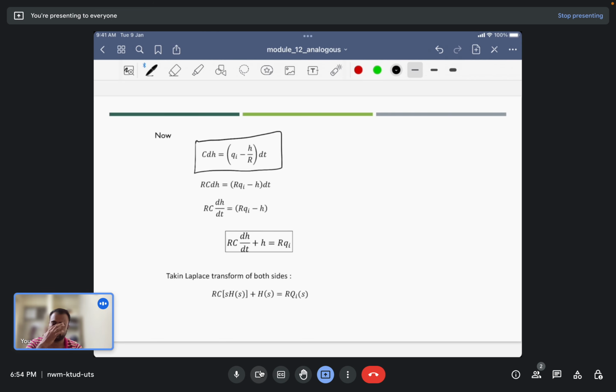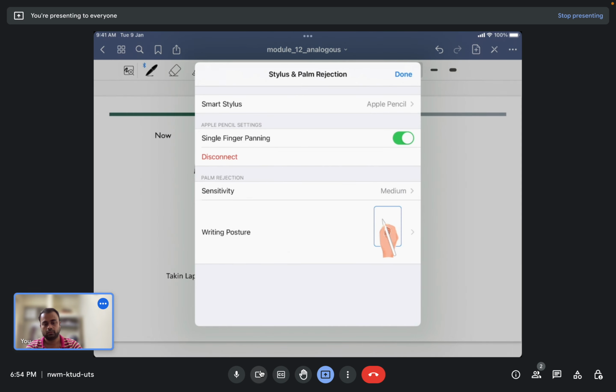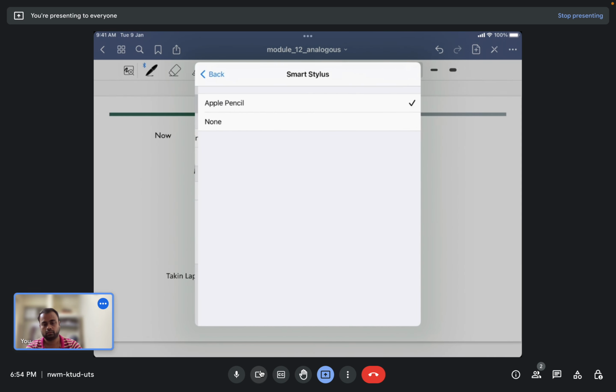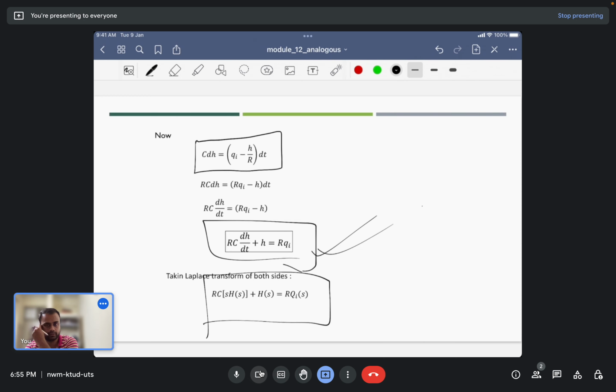So this is an RC circuit example, R and C. Taking the Laplace transform here, this is the differential equation, and finally this is the Laplace form.